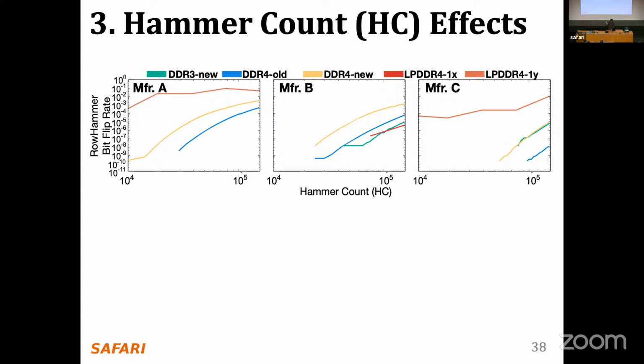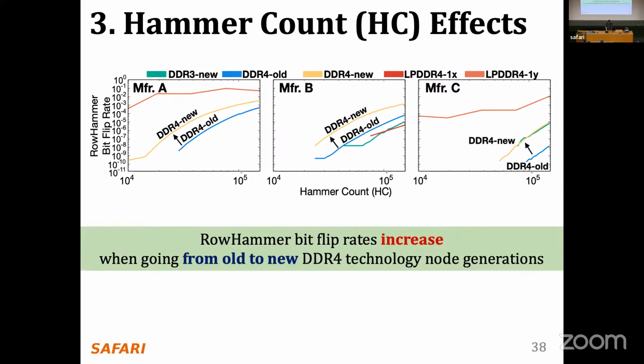On the x-axis is the hammer count. On the y-axis is the number of bit flips. So the upper left corner of the plot means a much higher vulnerability to RowHammer. If we look at this in general, the more advanced the process node is, the curve tends to go to the upper left corner of the figure.